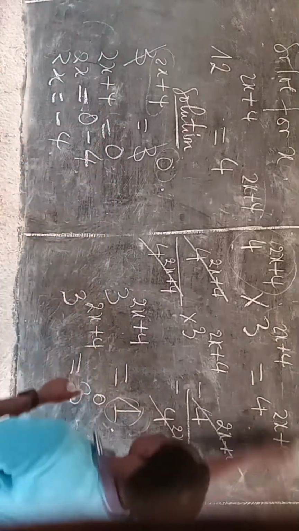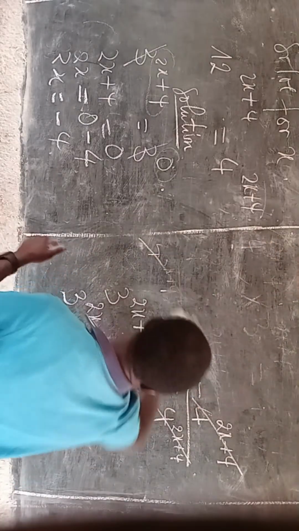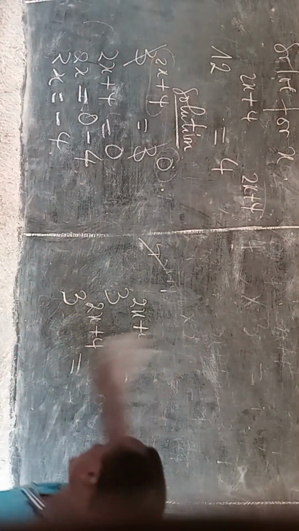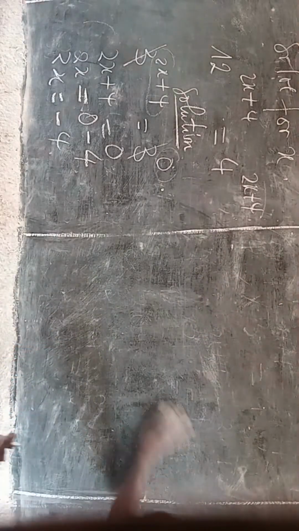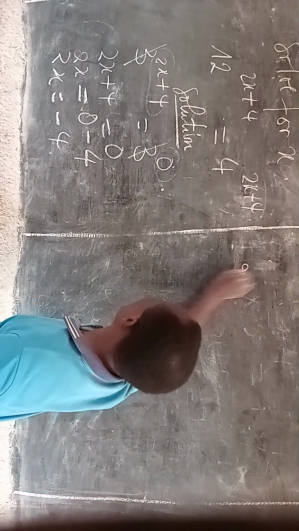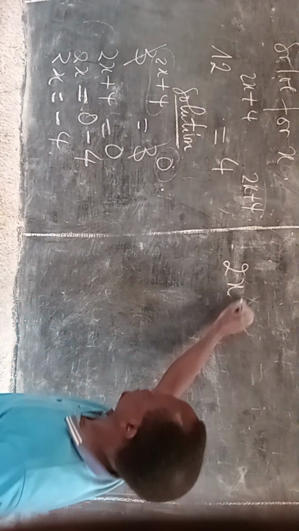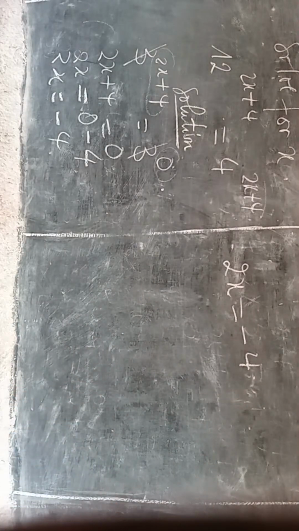Now, finally, 2x is equal to minus 4. We need to find the value of x.